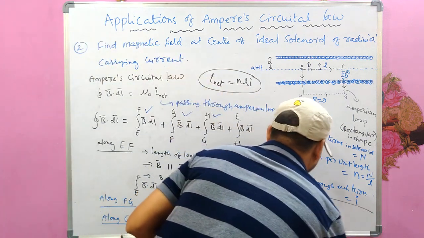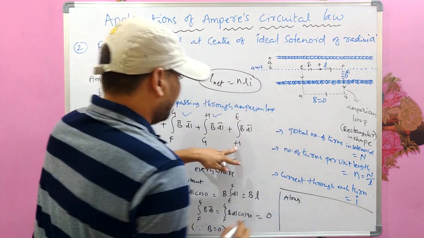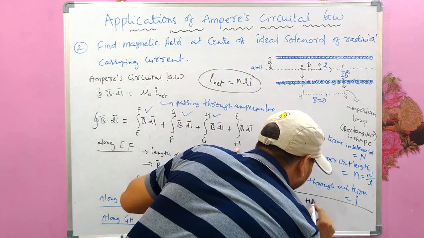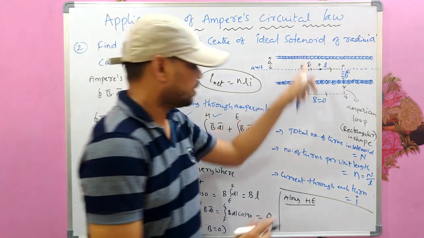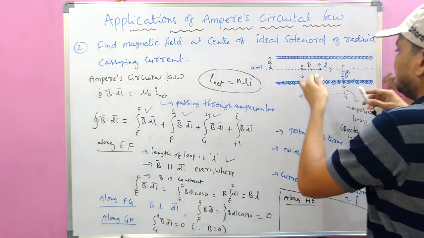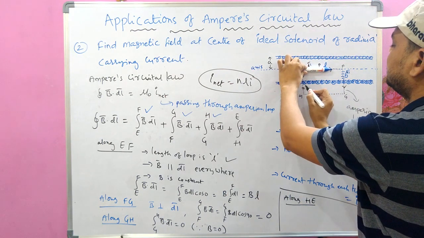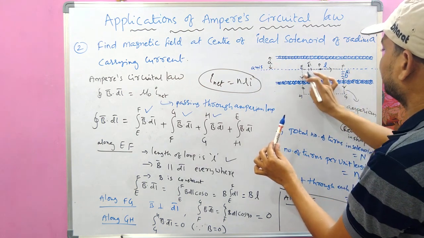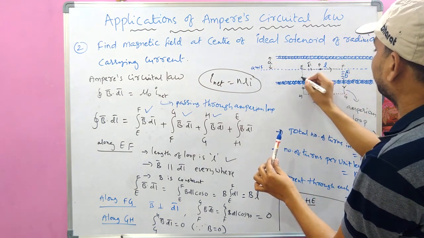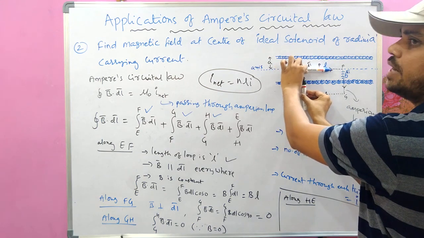Finally, along HE, again here the magnetic field direction is this and dl direction is this.